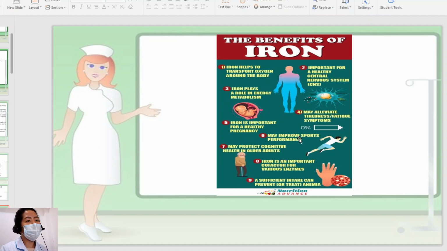It will also improve sports performance. It may protect cognitive health in older adults. It is an important cofactor for various enzymes. And a sufficient intake can prevent or treat anemia.